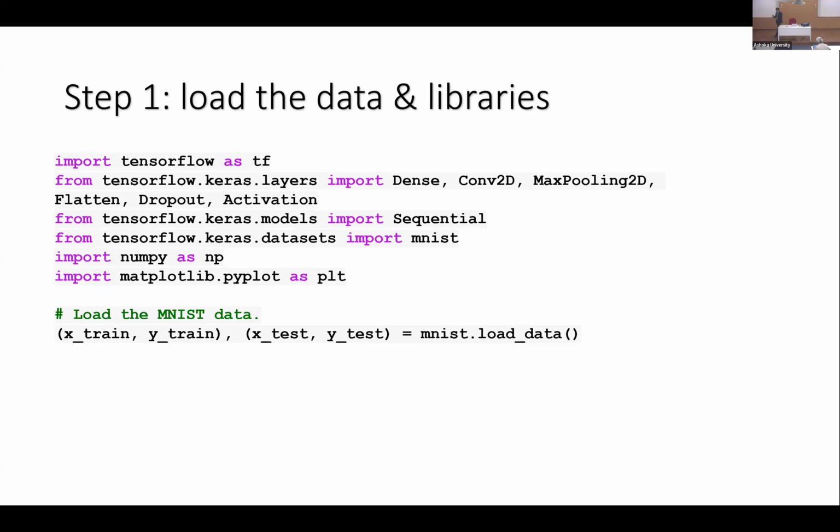You just need to decide what to do. Everything else is automated. You don't have to write any loop or anything. I mean, you can still write a loop, but everything is already automated if you want to use it. So we just load this data set: X train, Y train, X test, Y test.